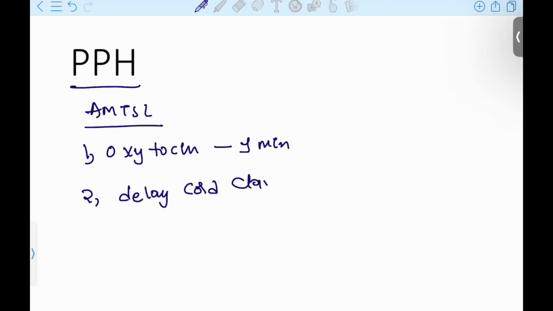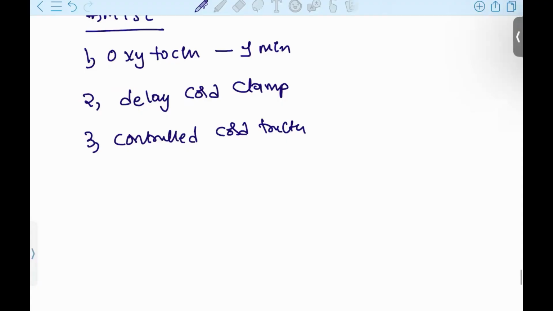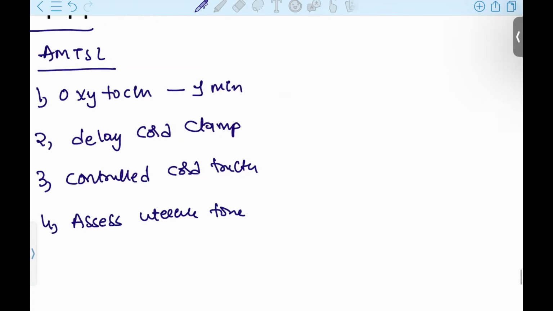Delay the cord clamping of the patient. Next, the third one is controlled cord traction to prevent retained placenta and products in the patient. Next, the fourth one is assess the uterine tone. Okay, assess the uterine tone.